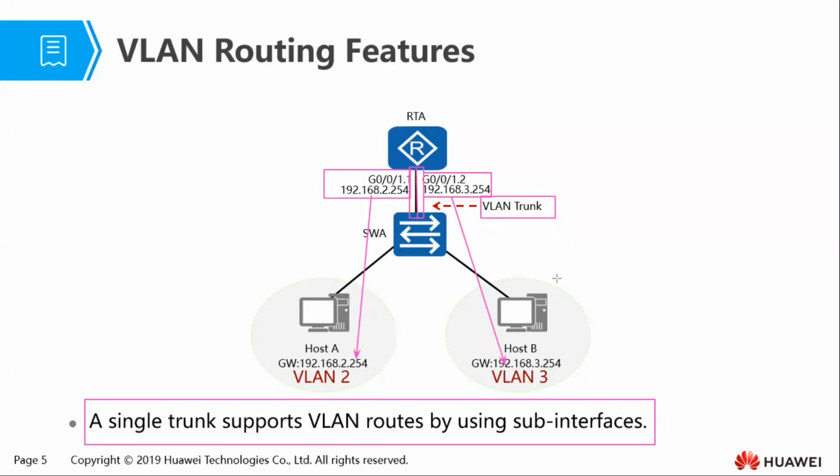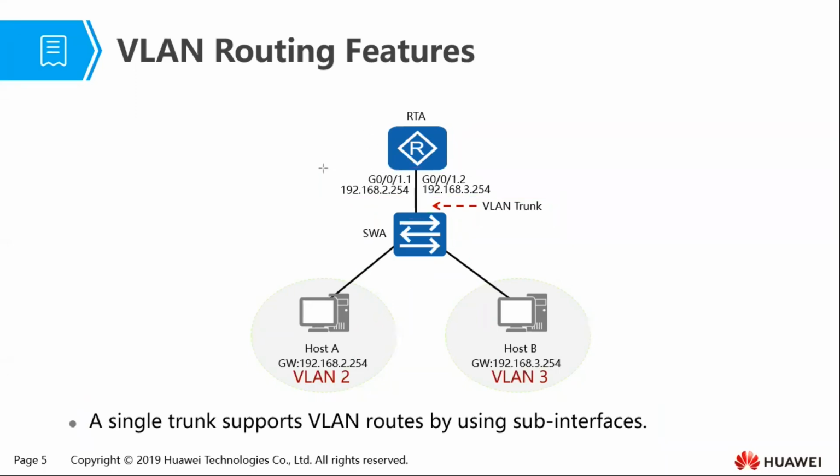Sorry, I've just pointed to the gateway address, but what I'm saying is, let me just type it. So you see, we are subdividing an interface G0/0/1 into 1.1 and 1.2.